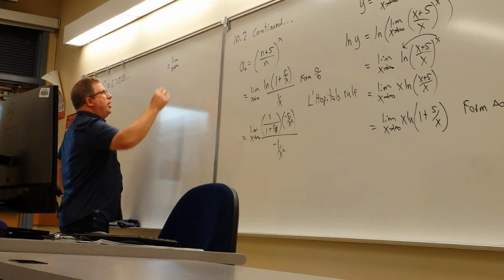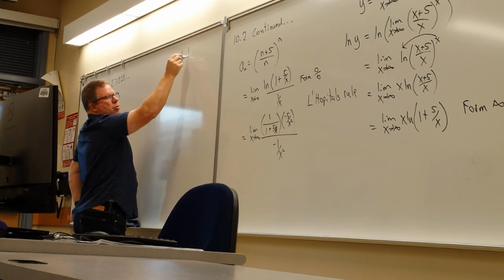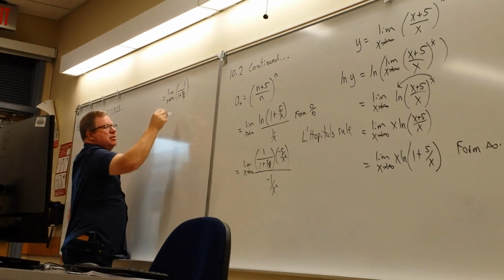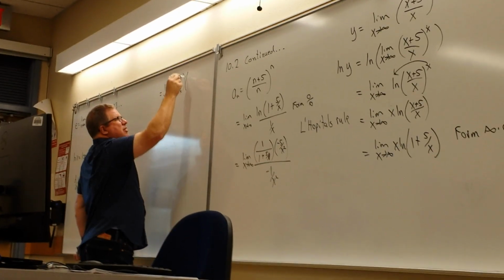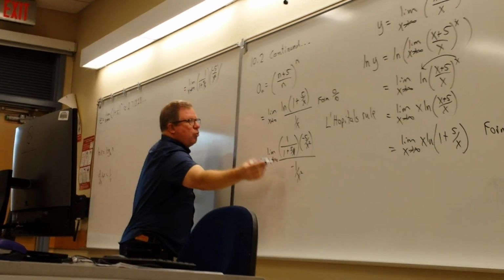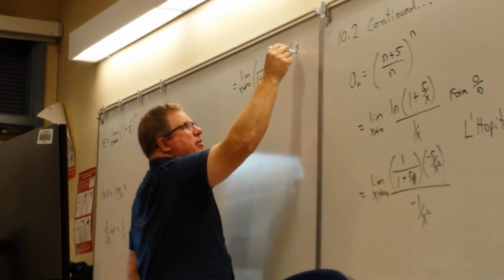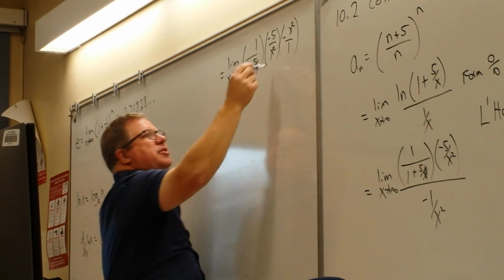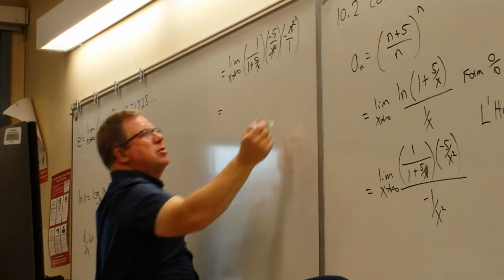So we got 1 over 1 plus 5 over x times negative 5 over x squared times the reciprocal of this, negative x squared over 1. These x squareds divide out.